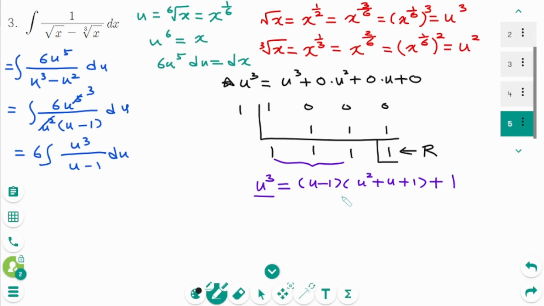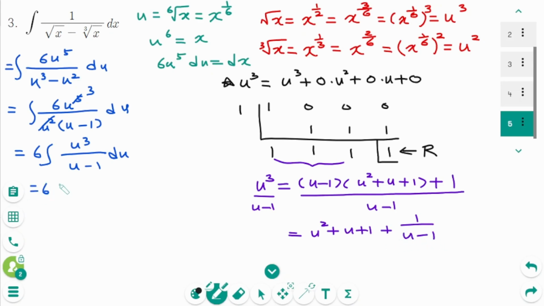Then divide by u minus 1 on each side, make separate. The first one is u squared plus u plus 1. Then the second one equals 1 over u minus 1. Equals 6 times the integral of this one is the same as this one.